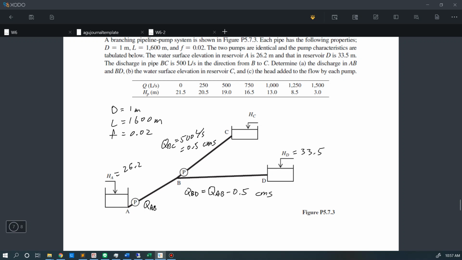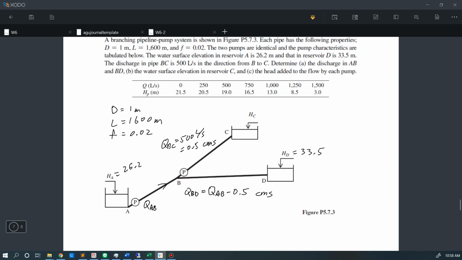It's because the flow direction is from A to B to C and B to D. So if there's 0.5 cms to the reservoir C, then we can know that QBD will equal QAB minus 0.5 because of the mass balance property.